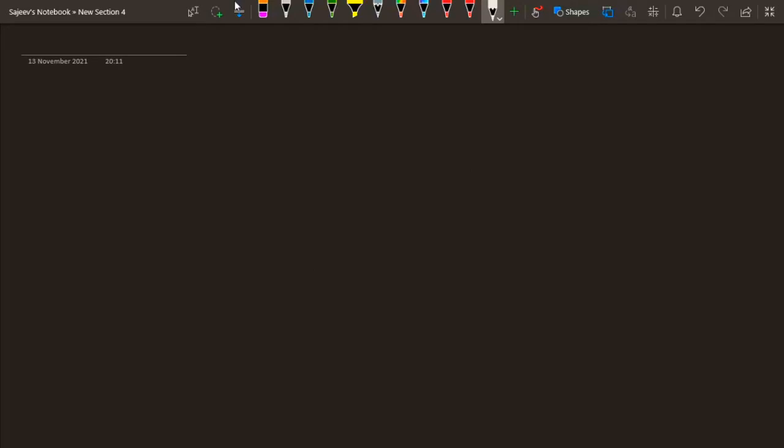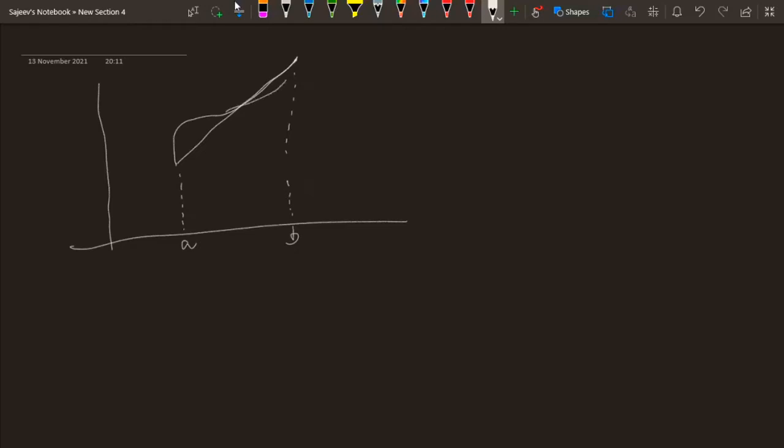Now let's see what it means geometrically, or let's just try to represent it in a graph. Suppose this is my f, and this is my a, and this is my b, and I draw a line from a to b.